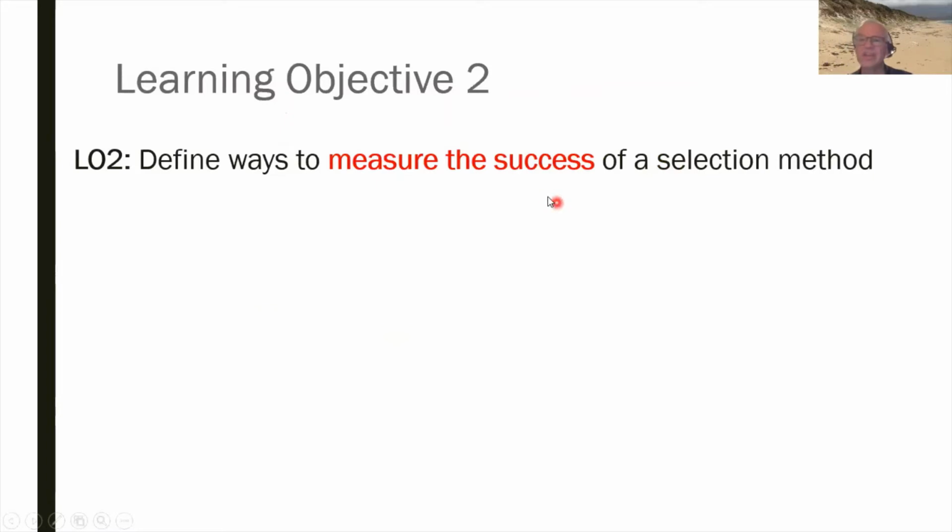And good will be gauged on a number of different bases, things like validity, reliability, practicality. So define ways to measure success of your selection method. All right, 2 slides here, so let's dive into it.